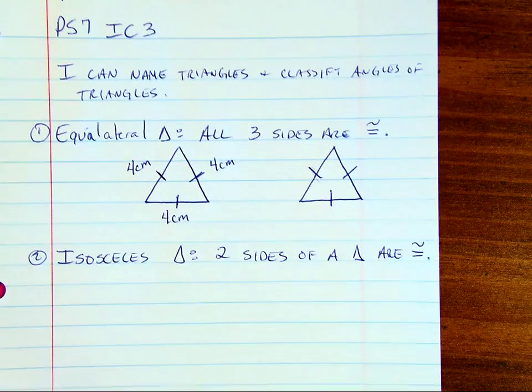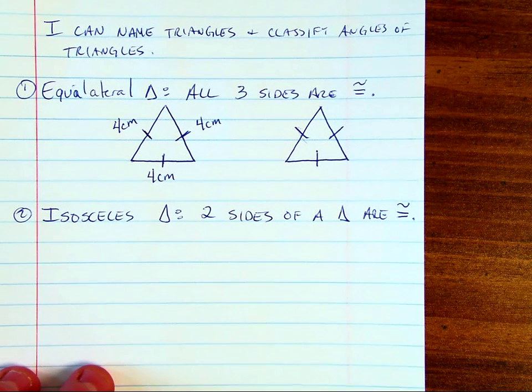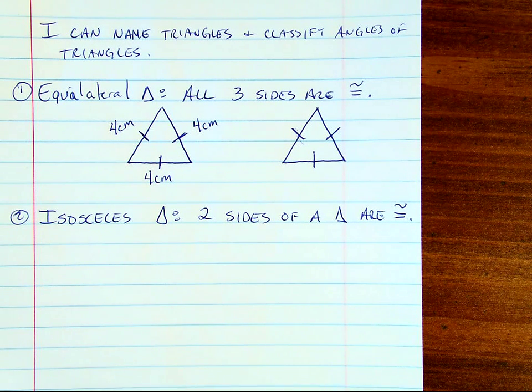Then we have what's called an isosceles triangle. This just means that 2 sides of a triangle are congruent to each other.